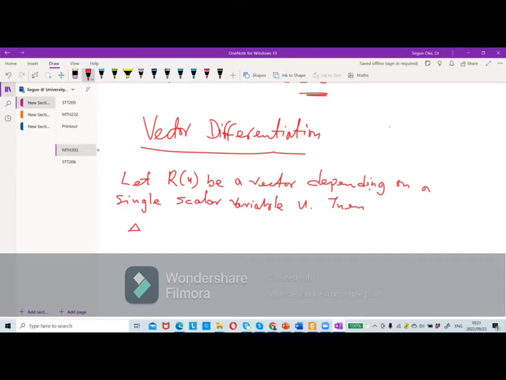You remember, delta R, the change of R over the change of U, which is equal to, the definition is R of U plus change in U minus R of U, everything divided by the change in U.